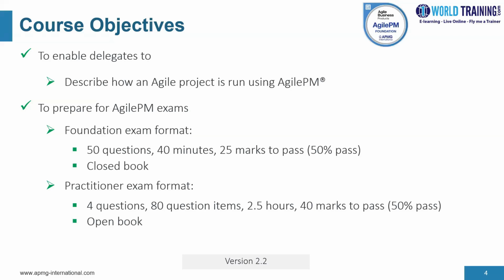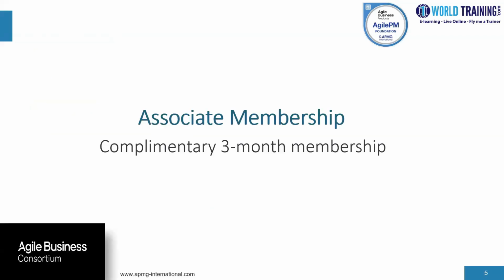Now, before we move on to the various elements of the content of the course, let me introduce you to a membership component. When you enroll in this course, you would have the opportunity to become a member of the Agile Business Consortium.